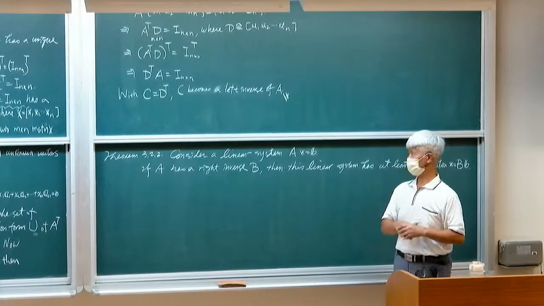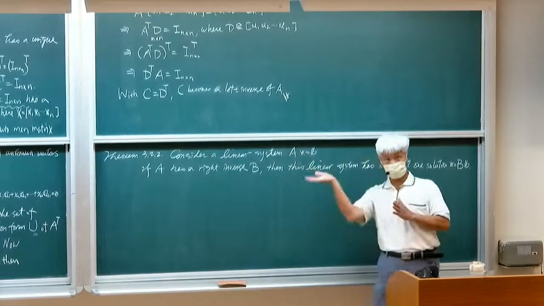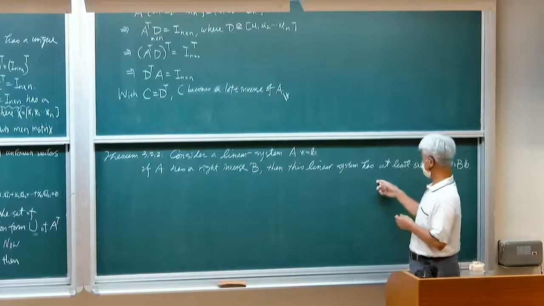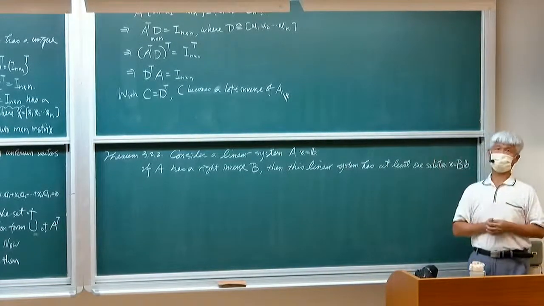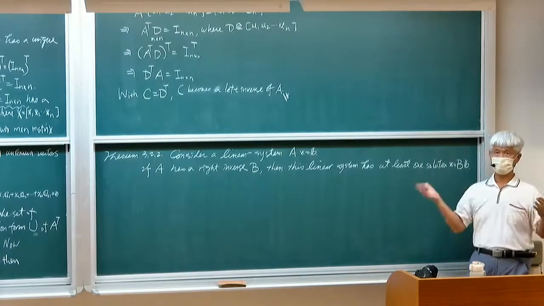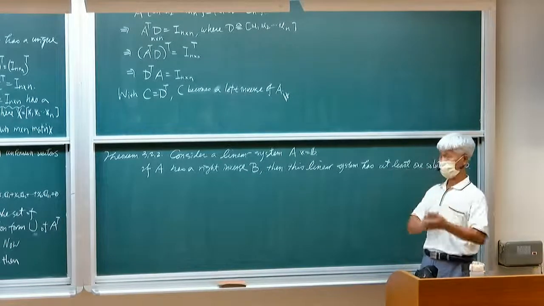But on the contrary, if the coefficient matrix A has a right inverse, then this linear system has at least one solution. It may have more and more. So this is quite different. We can compare them.